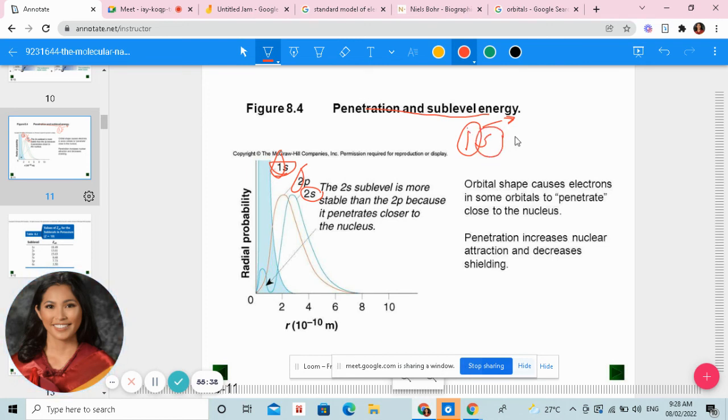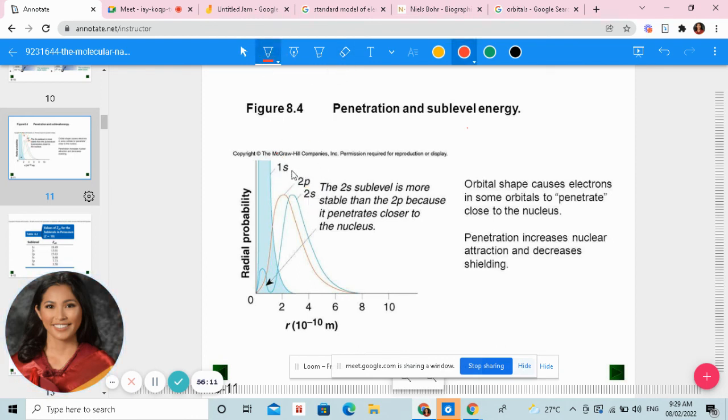Then we have the s orbital, or the s subshell. So we have that one, the sublevel energy. N equal to 1 is your energy level or shell. Then the s and p are subshells, or sublevels.